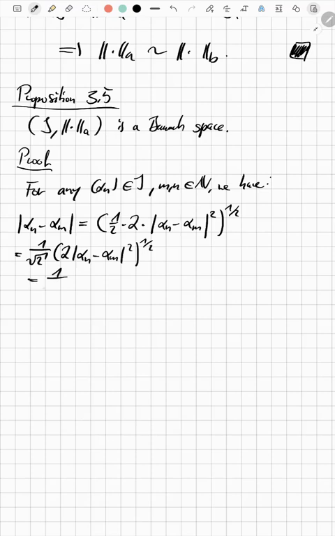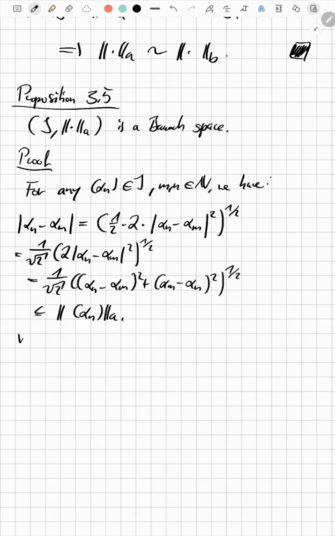And this is the same as 1 over square root of 2 times the square root of alpha n minus alpha m squared plus alpha m minus alpha n squared, which is less than or equal to the A norm of alpha n. And with letting m tend towards infinity, we see that the absolute value of alpha n for a fixed n is less than or equal to the norm of the whole sequence.